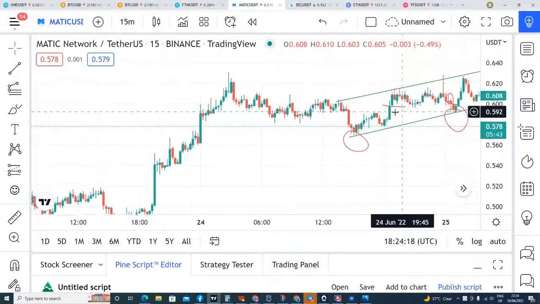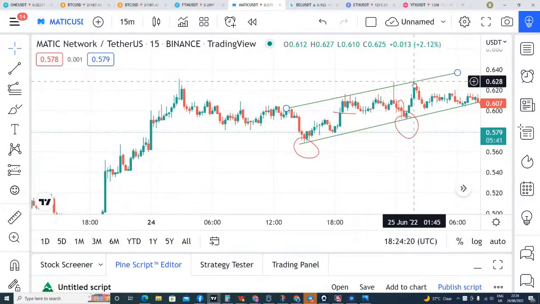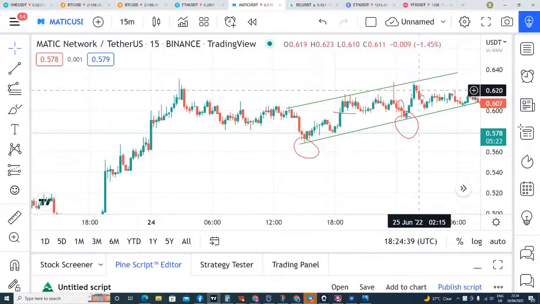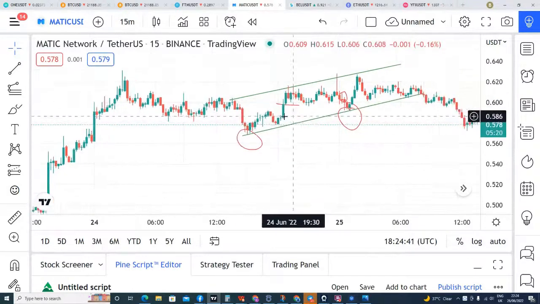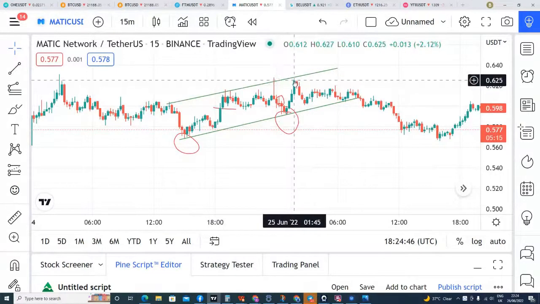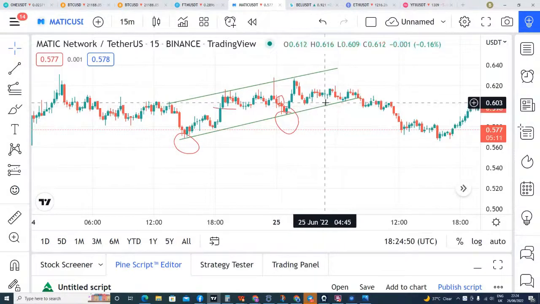I entered long from there, and Matic touched this area at 0.628. This is for those that are good at scalping. Now, when Matic touched this area, I sold off. Then I already knew that Matic would drop again, because it has been following this channel. You can see that. Once the market reaches up here, it drops again, and it still maintains the same way.